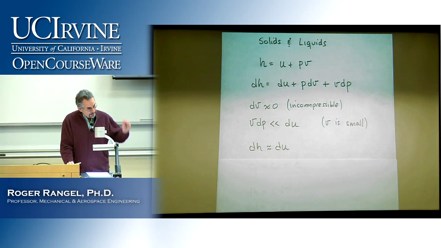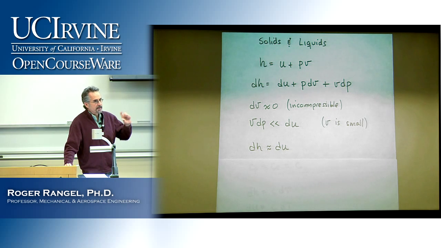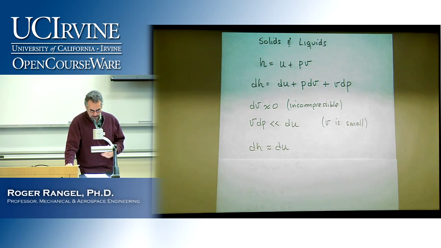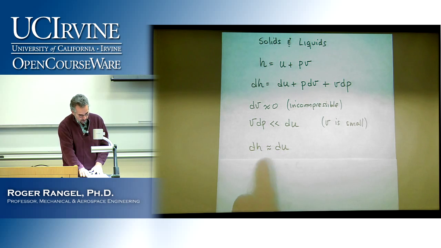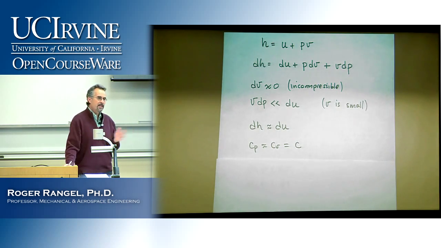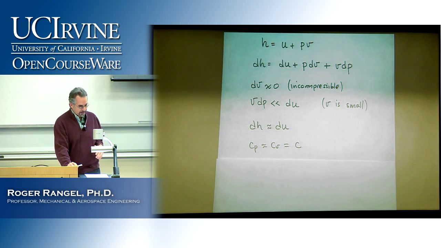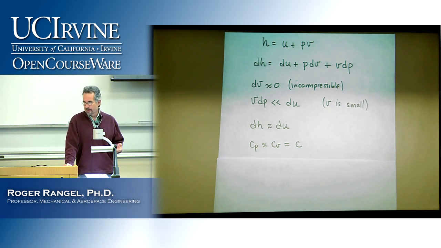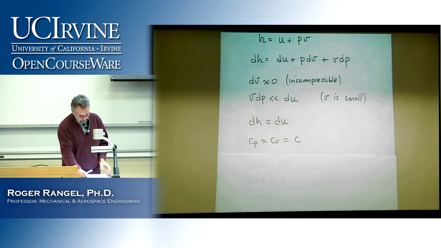So C sub P will still be larger, but the difference will be very, very small. For many problems, insignificant. So if we have that C sub P is approximately equal to C sub V, then we might as well do away with the distinction and just call it C, specific heat. For a solid or a liquid, with the assumptions that we made, it is just that.